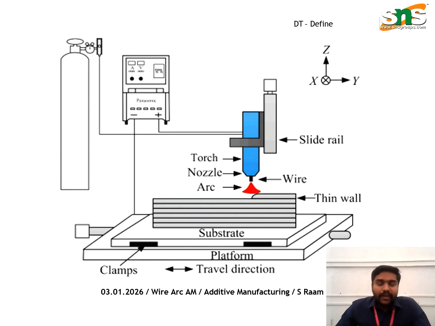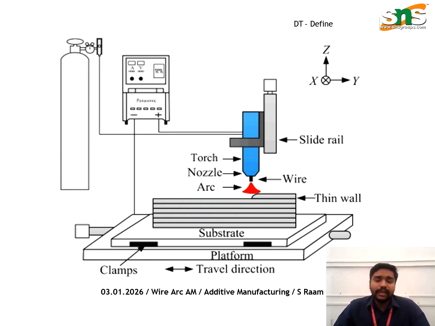Then, coming to the schematic diagram, we can see how the wire arc additive manufacturing process is carried out. It is a similar setup to welding-based technology, where the weld rod is converted into the form of wire for processing materials.